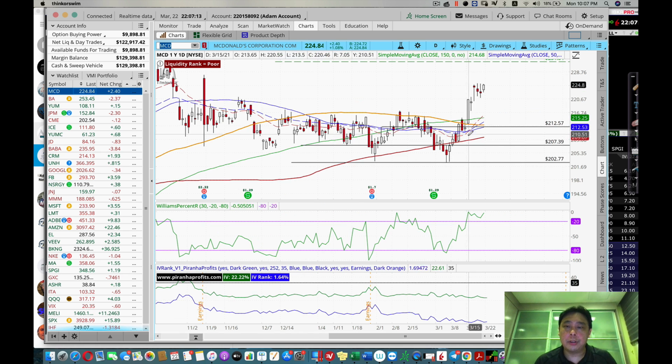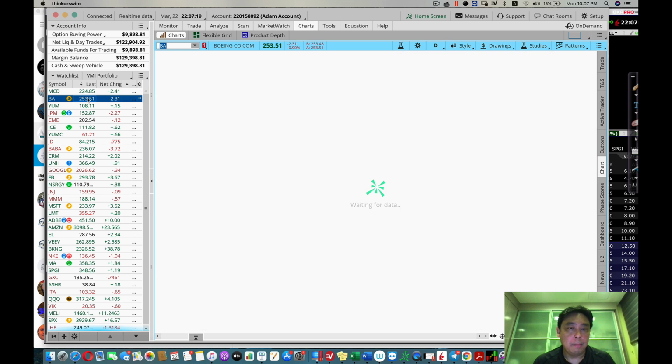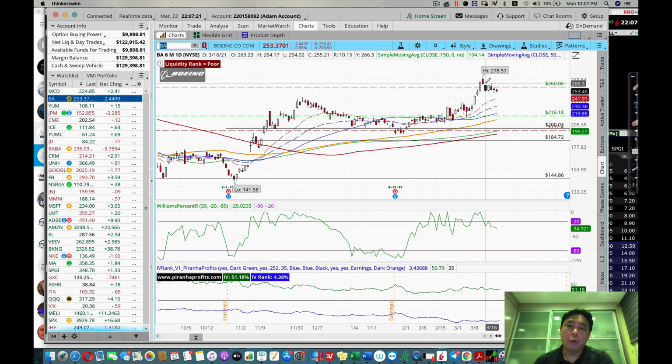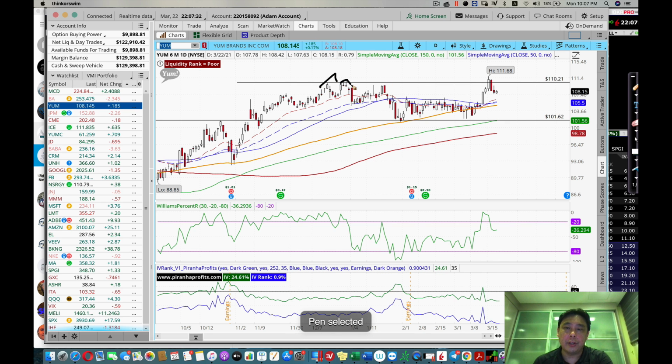So McDonald's, nothing to buy, it's overextended. Boeing looks like it's retracing down, so waiting for it to come to a support. Yum Brands, you can see it hit resistance over there. Looks like it's retracing back to the moving averages. When it comes back nearer the 100 moving average, I'll probably add more shares over there.